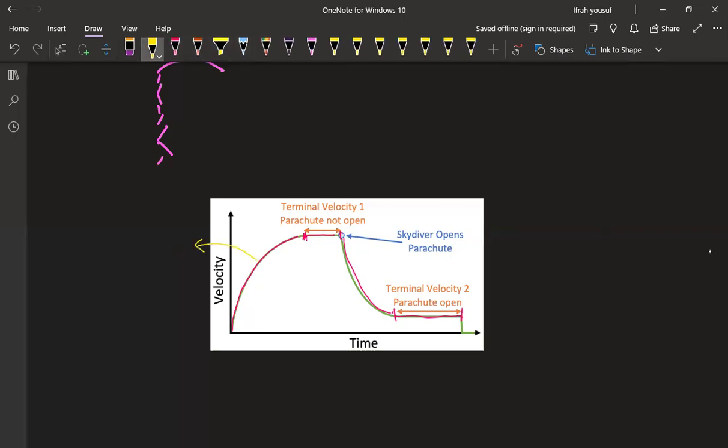Over here, you are observing the gradient decreases. Number 1 point. That means drag is increasing. So what will happen to the acceleration? Acceleration will also decrease. Clear?